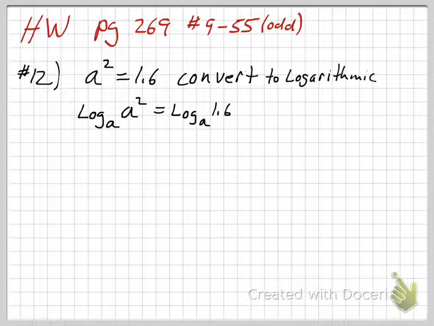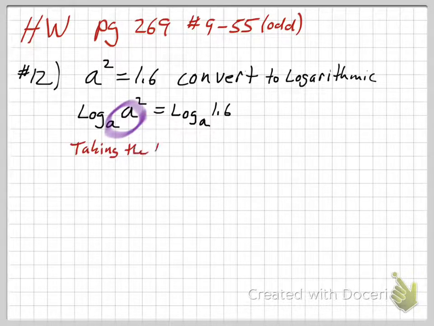The only thing I want to pay attention to is that I don't want to take just any old logarithm. I want to take a logarithm with a base that matches the base of my exponential function. So in this example, I want to take log base a of each side.